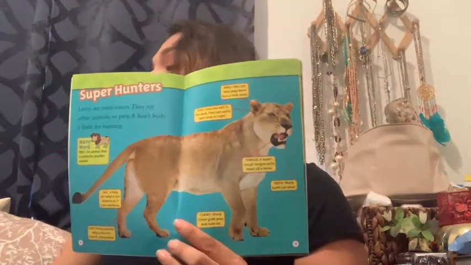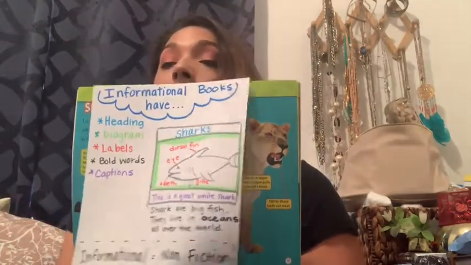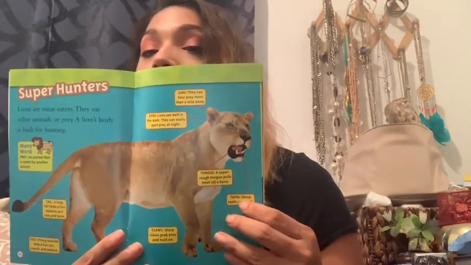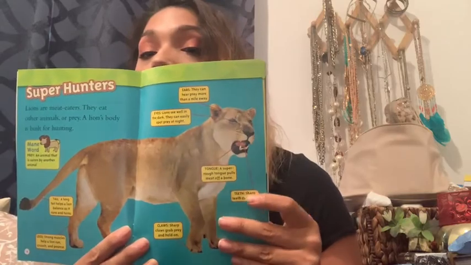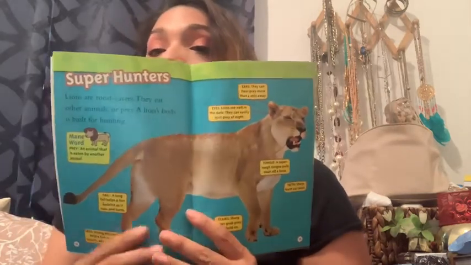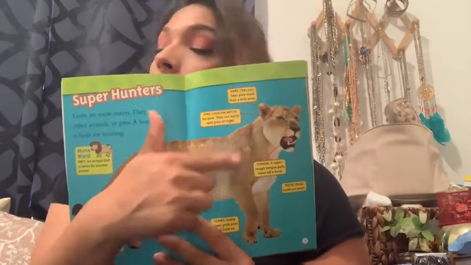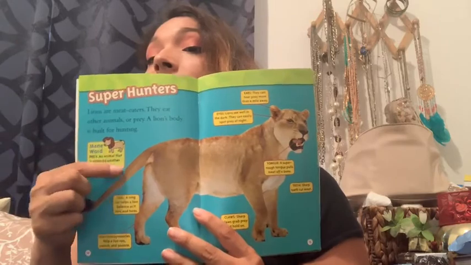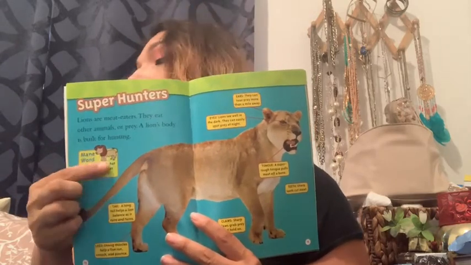So here is a diagram like this one right here. And this one has labels, but they're kind of like captions too. It says teeth. They are sharp teeth to cut meat. So here is a diagram. It has labels. Here's some of the words. And it has a caption off to the side. So those are all elements of an informational book.